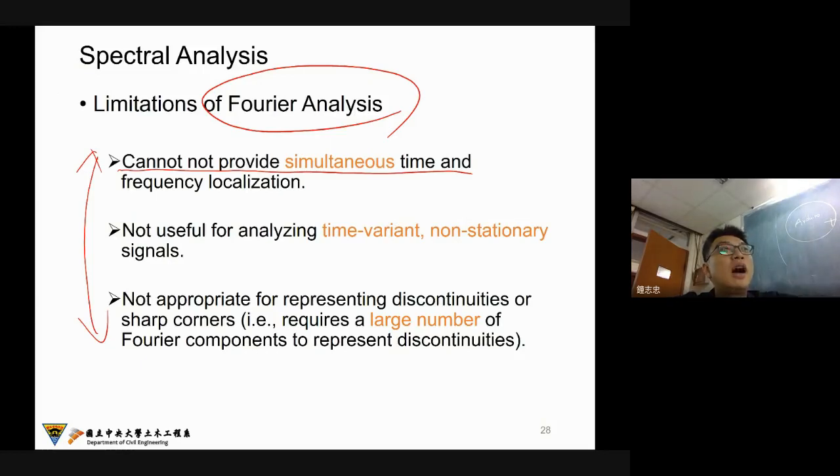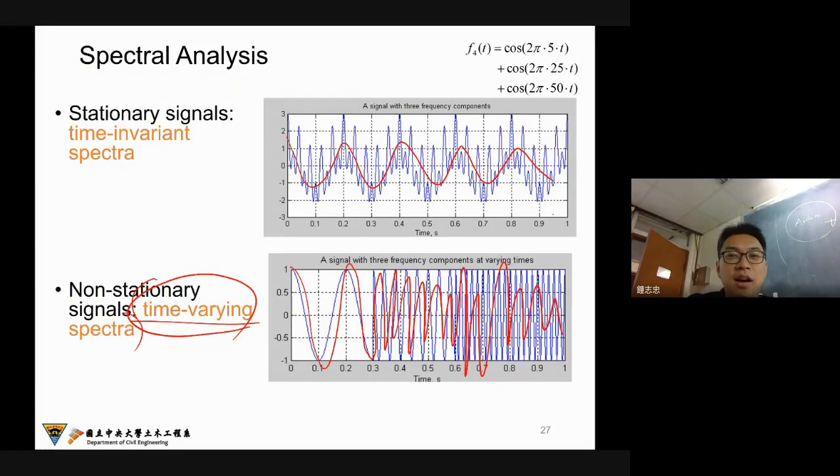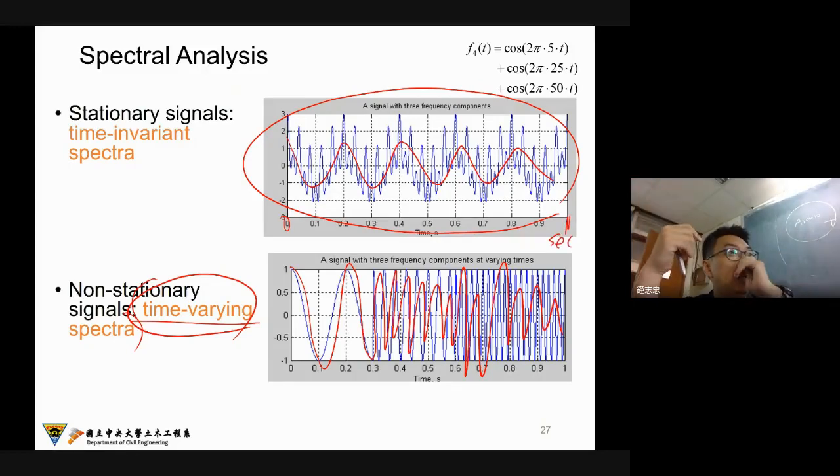spectrum. So I would like to say for this kind of signal, for 0 to 1 second, I have maybe a 5 Hertz signal component. But I cannot say that in 0.5 second, I have the 5 Hertz or the 3 Hertz component.